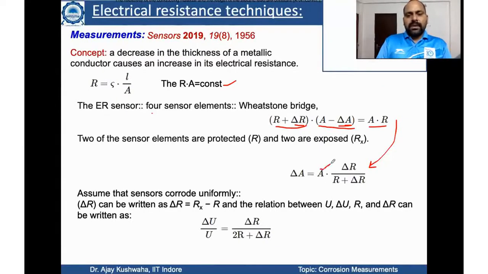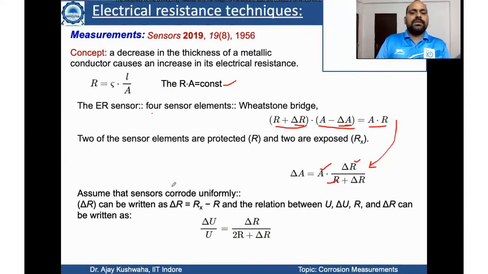You know the initial cross-sectional area, you know the initial resistance of the material, and you also know the delta R, the change in the resistance. So we can easily calculate the delta A.